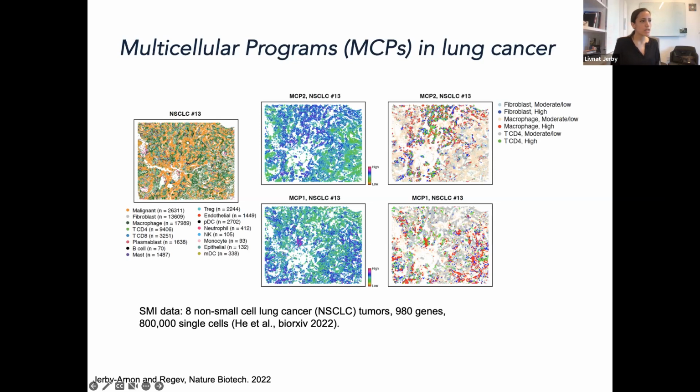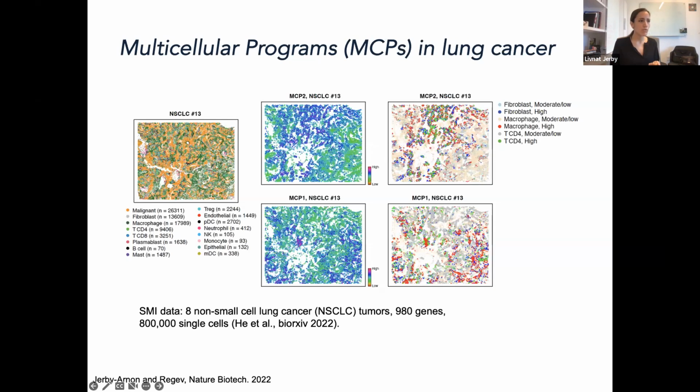So here you can see the tissue section where cells are annotated and colored according to the different cell types. And here you can see a multicellular program that we found in lung cancer spanning CD4 T cells, macrophages, and fibroblasts. We highlight in green, red, and blue the cells that overexpress the cell-type-specific component of each MCP.